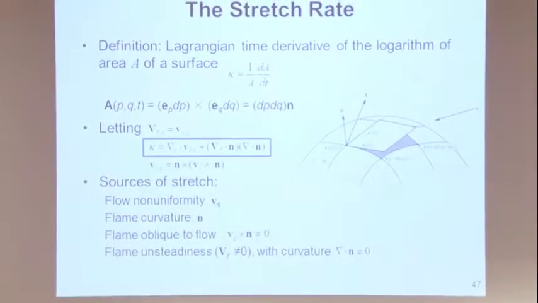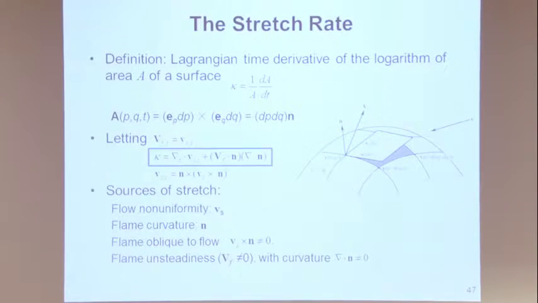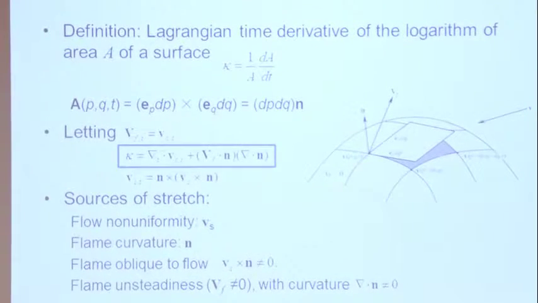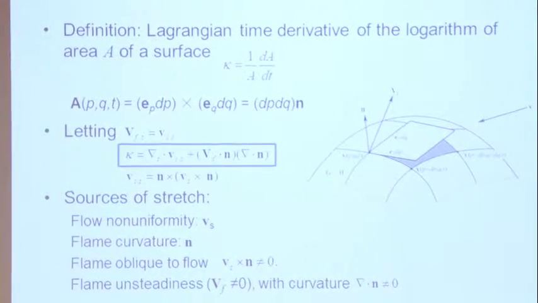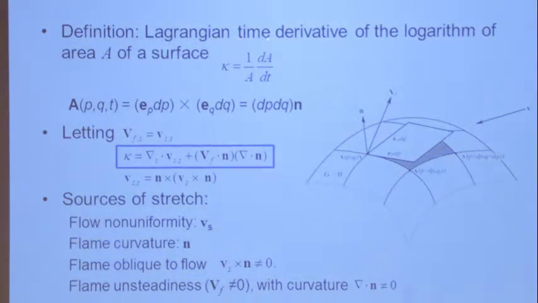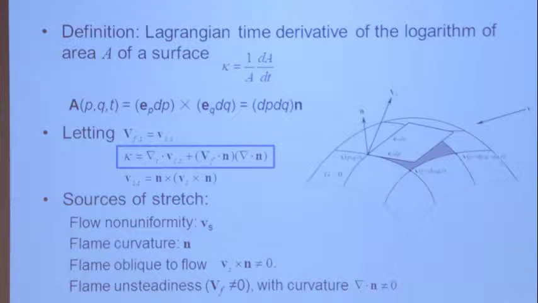I just want to briefly mention that if you have a general flame surface, which is moving and also situated in a non-uniform flow, then you can define, just terminology I want you to know, a general stretch rate, kappa, which is the Lagrangian time derivative of the logarithm of the surface area, 1/A dA/dt.